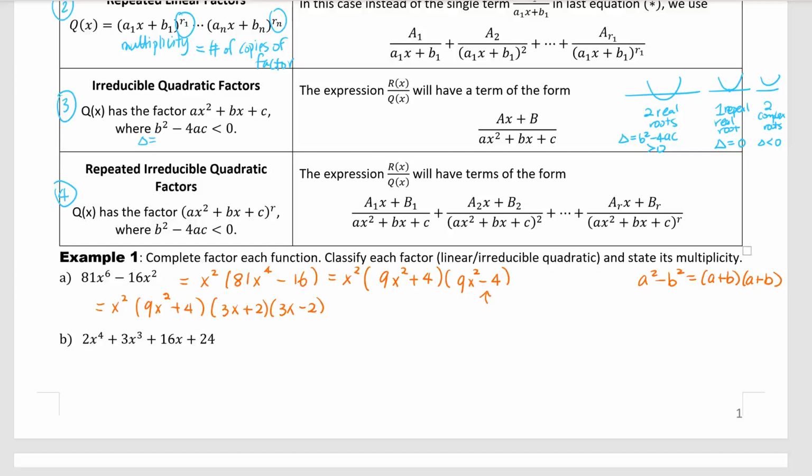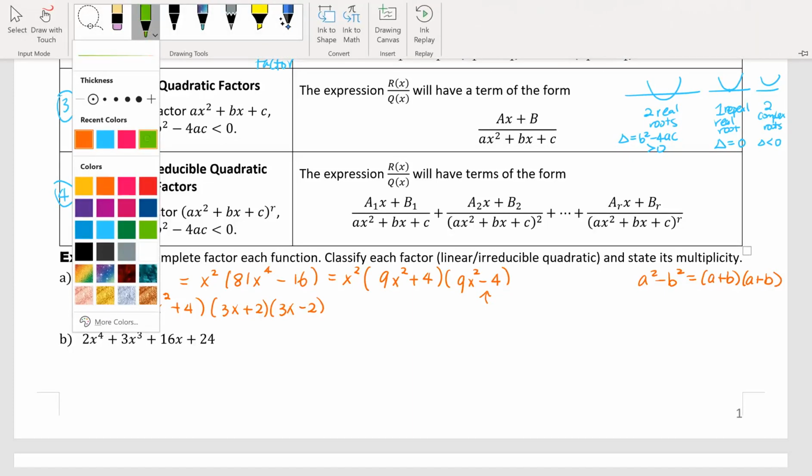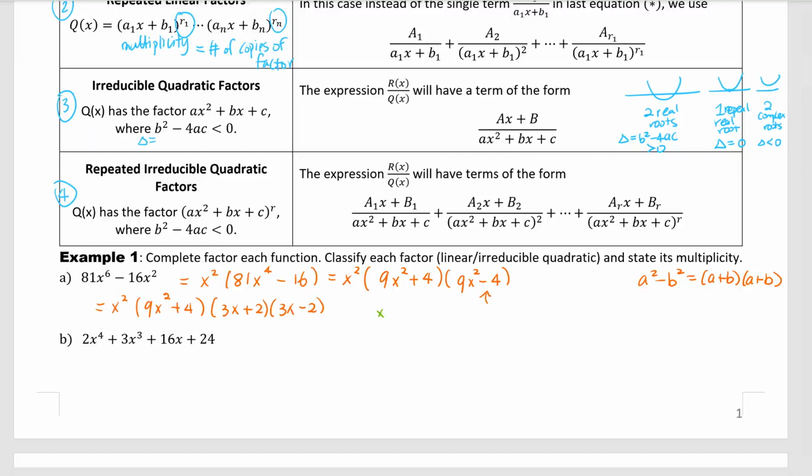Okay, now let's look at each factor. So, let me use a different color because I don't have much space here. Okay, so you can see x. Well, x is a linear factor. But you might say, isn't it x squared? Isn't it a quadratic factor? It's a linear factor with multiplicity 2. Okay, it's still a linear factor. The 2 is the number of copies.